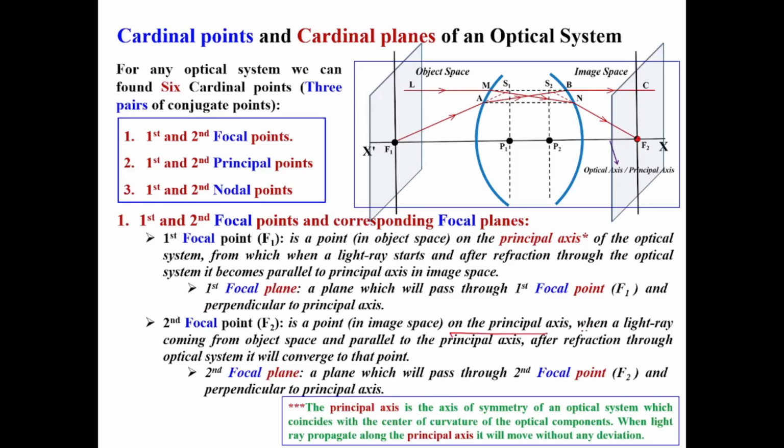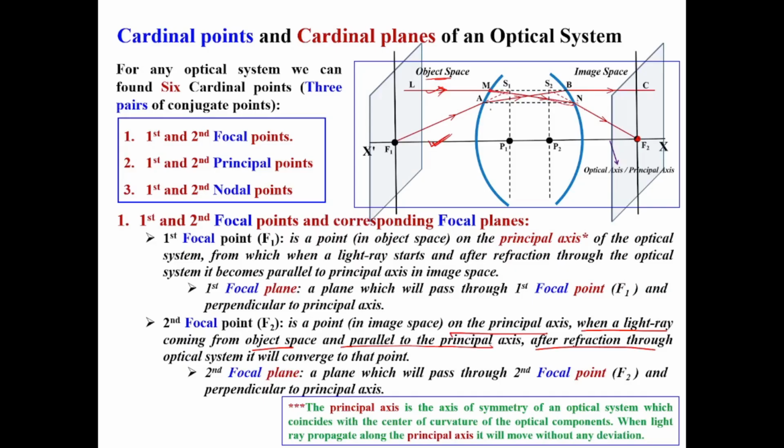When a light ray coming from object space is parallel to the principal axis, that means this ray LM coming from object space, LM is parallel to the principal axis. After refraction through the optical system, it interacts at M, is refracted again, and translates up to N, where it is refracted again.